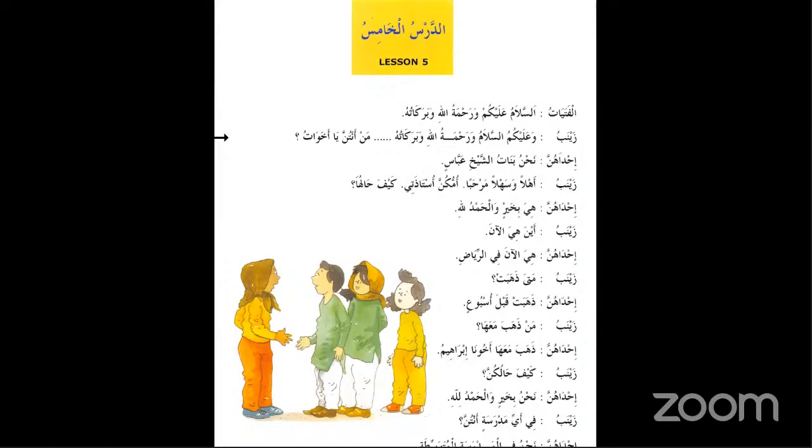Is that clear? So the first one was ja'a rajulani, that was nominative. And then the ra'aytu was accusative, and then this one marartu is genitive, right? That's right. Okay, thank you.